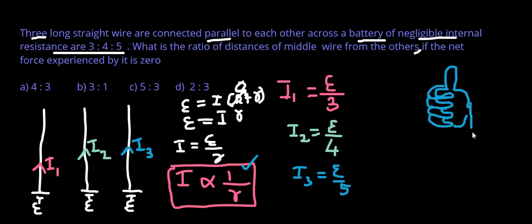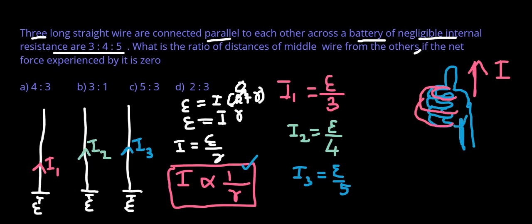The thumb points in the direction of the current flowing in the wire, and the other fingers curl around.